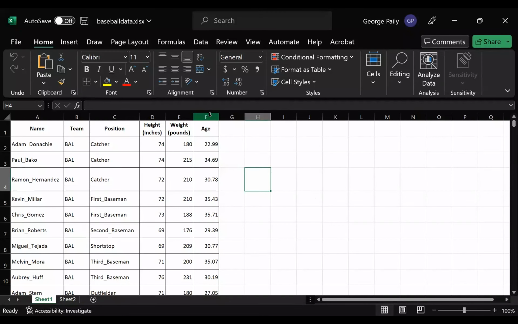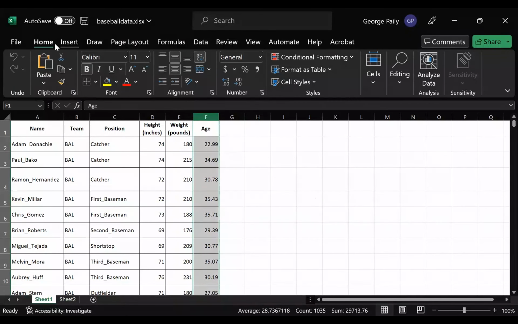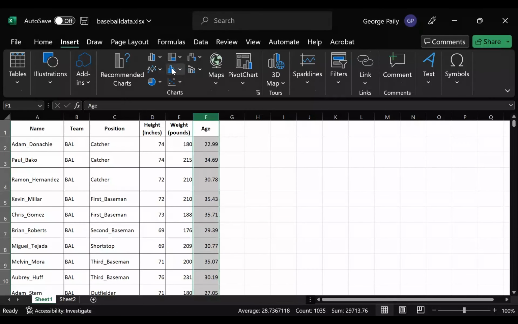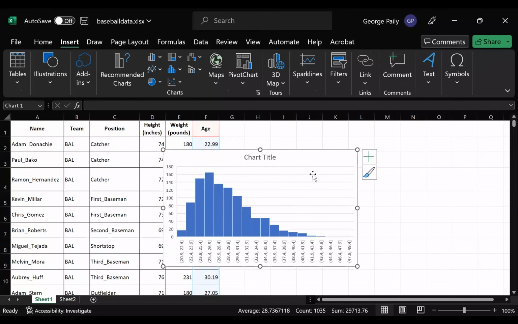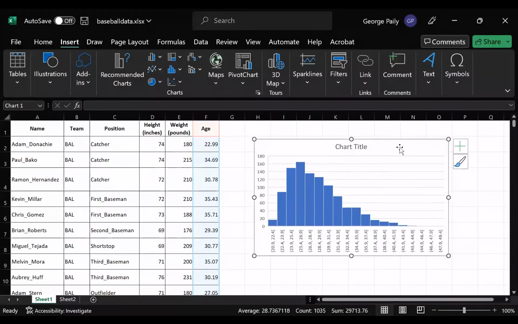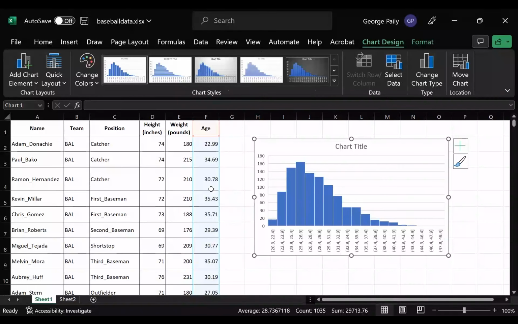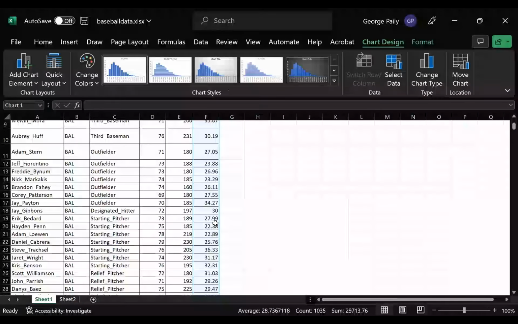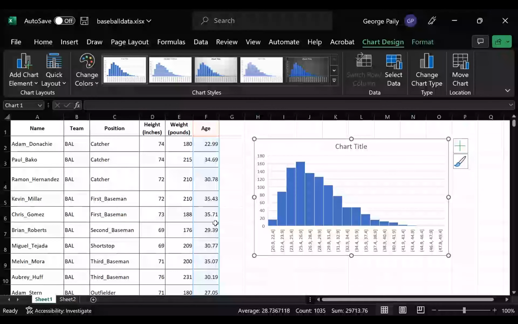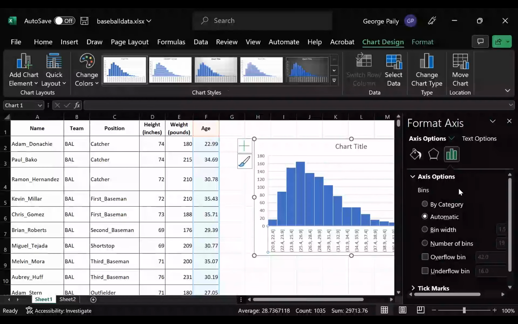Well, what I do is select the data, and I will plot it as a histogram. And so there you have it. You can see that because there are lots of fractional ages, I don't show each individual data point. Instead, I bin them, and I can adjust the size of the bins.